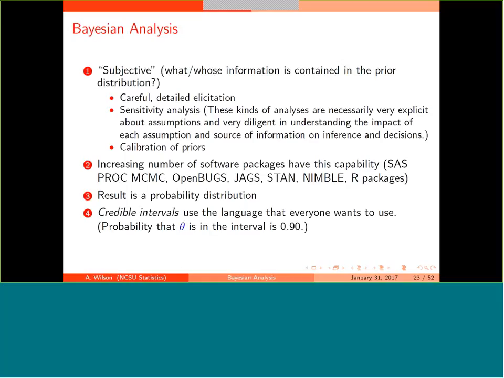The second thing that is a feature of good Bayesian analysis is that they always do a sensitivity analysis. These kinds of analyses are necessarily very explicit about assumptions and very diligent in understanding the impact of each assumption and each source of information on our subsequent inference and decisions. So if I am making a decision on the potential reliability of a system, or trying to predict the reliability of the nuclear stockpile, I am very careful, and I understand how each assumption that I make impacts that decision.